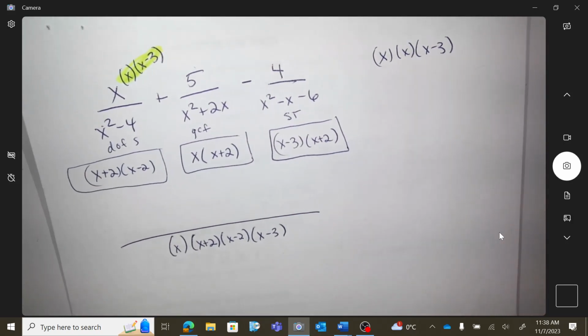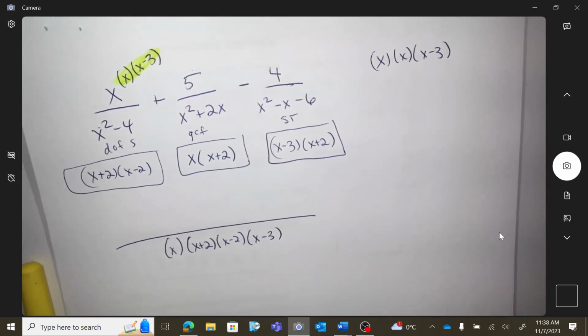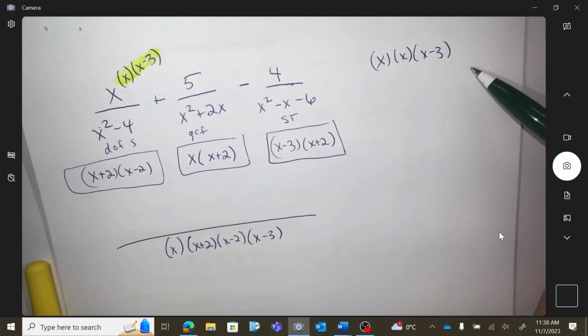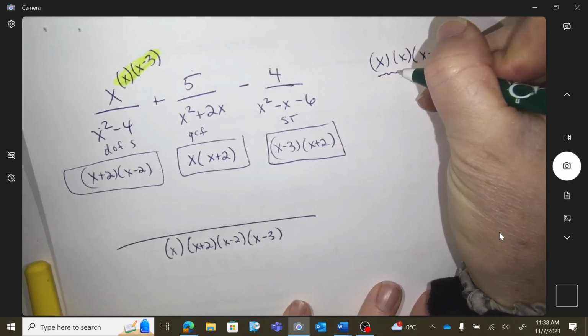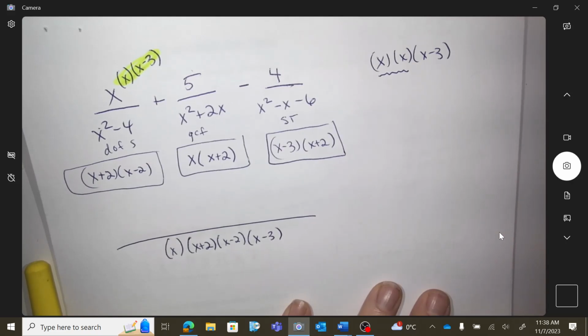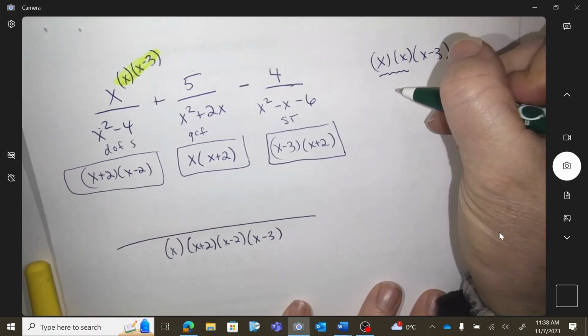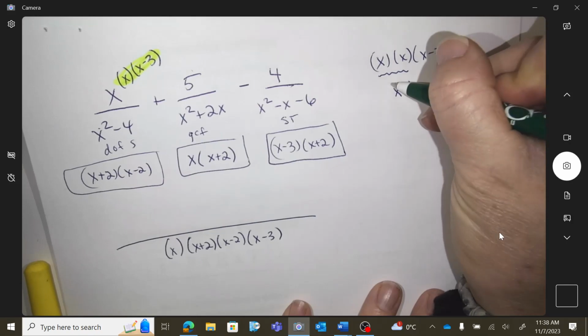Okay, so how do you multiply three things? Okay, pick two things. So say I pick those two items. Multiply them together. x squared.